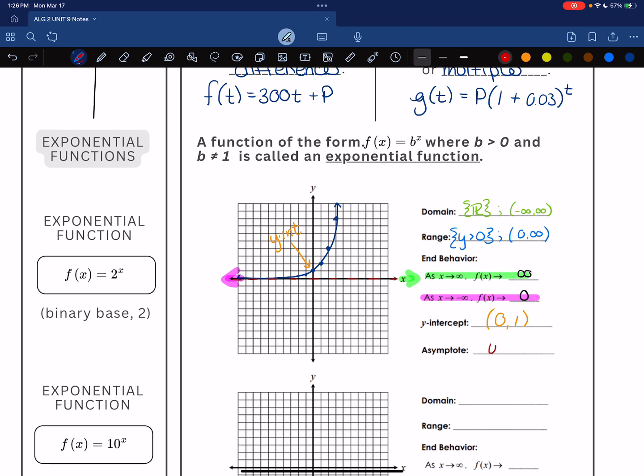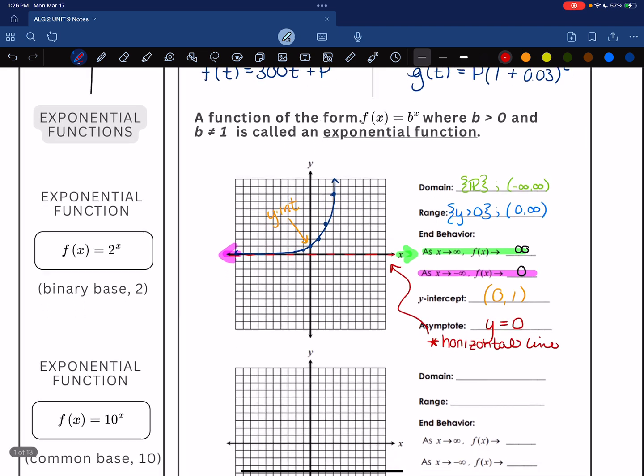It is the line y equals 0. It is that horizontal line. Remember, if it's horizontal, we always write it as y equals. It's that horizontal dashed line that you see right here, where your graph is tending above.